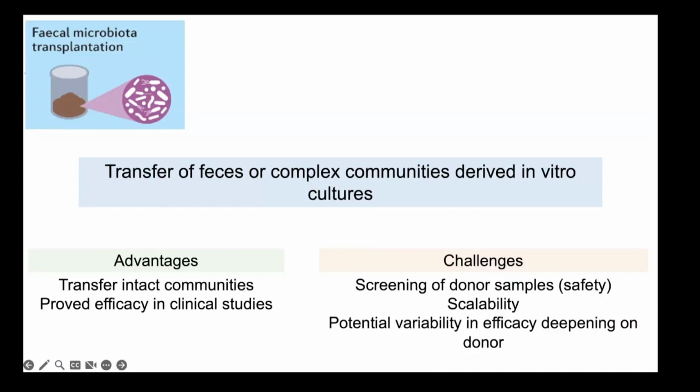This can have advantages because we know there's probably still a lot that we don't understand, so we don't want to miss one specific beneficial aspect of the ecosystem. And of course, the big advantage is that we have proved efficacy time and time again in clinical studies. We've proven safety, we've proven tolerability, and we've proven efficacy.